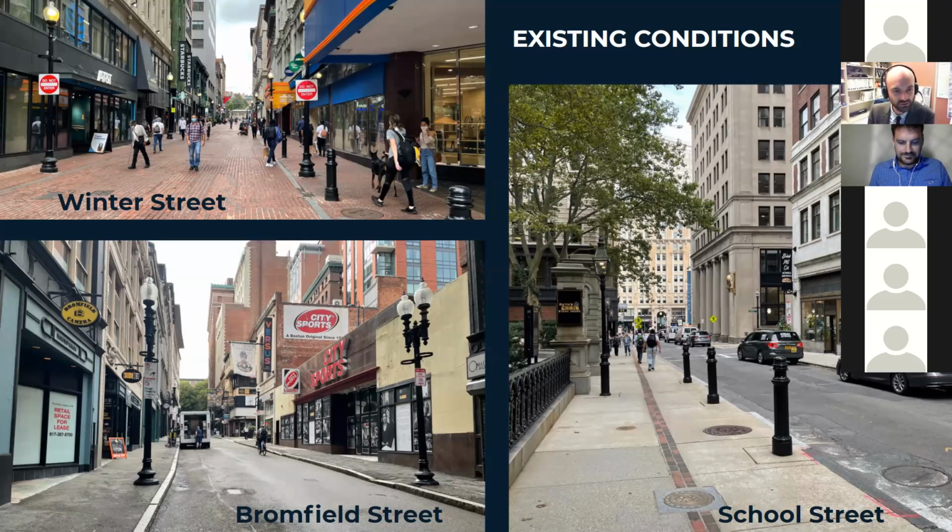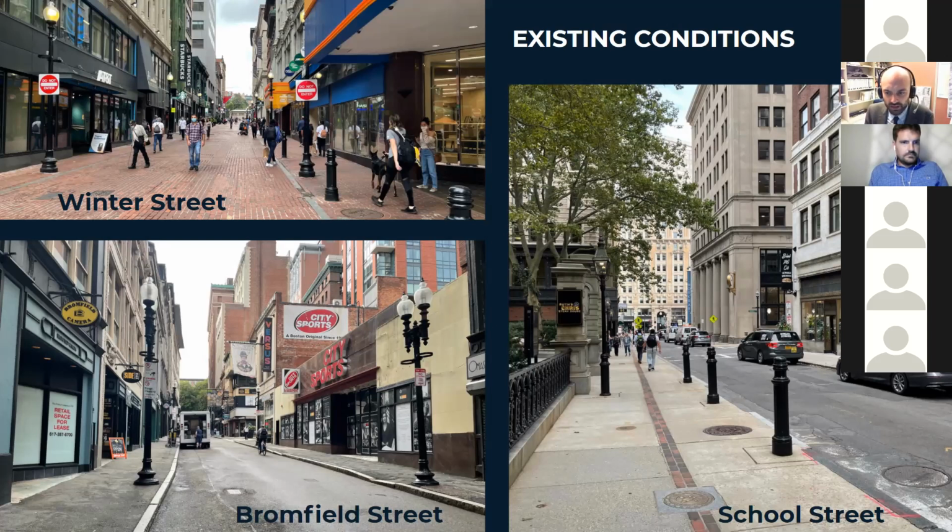So Winter Street being a flush street, and we are proposing to keep it as such. So not necessarily changing that condition on Winter Street, but we can think about changing the paving materials, lighting, things like that.